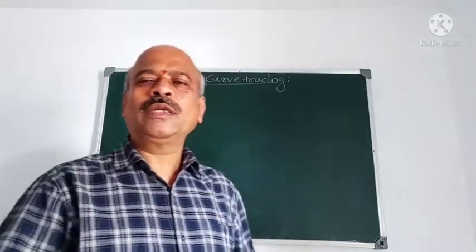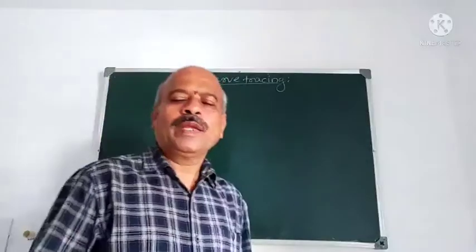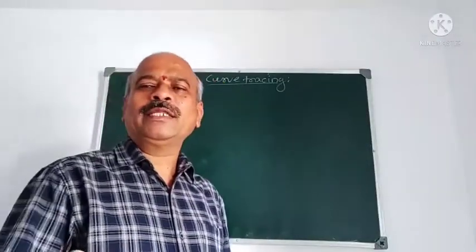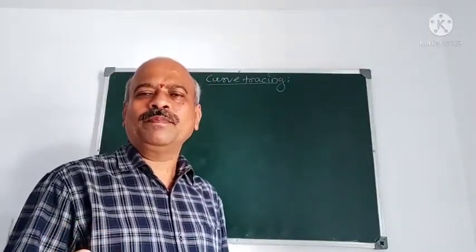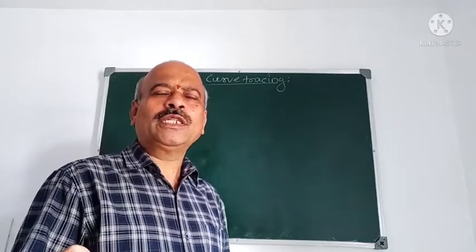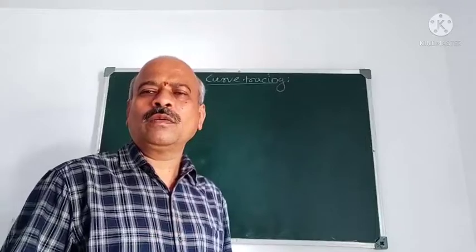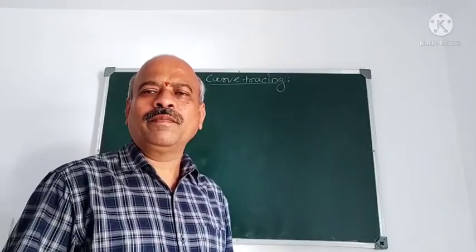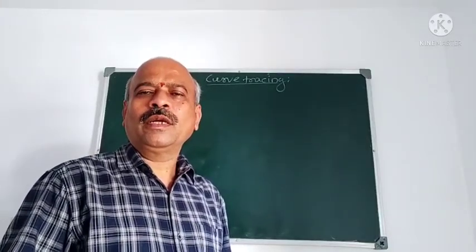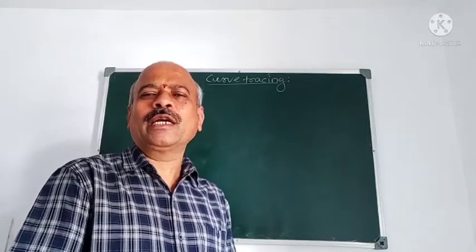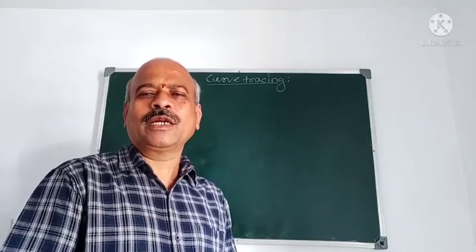What is curve tracing? Curve tracing means equation of the curve may be given in Cartesian form, polar form, or parametric form. When the equation is given in one of these forms, you have to draw the curve corresponding to the given curve. That is called curve tracing. And already you have studied some standard curves. The best example is circle.